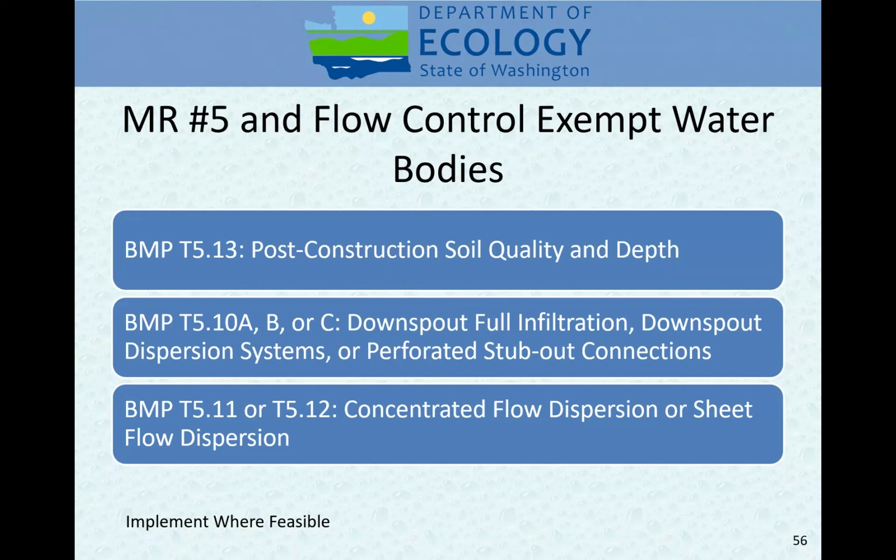But you have to do these things where required, where feasible. These items were identified in previous permits, and we can't remove them and backslide from those previous permits. So even if you're flow control exempt, there are still things in the minimum requirement number 5 list that you may end up having to do.